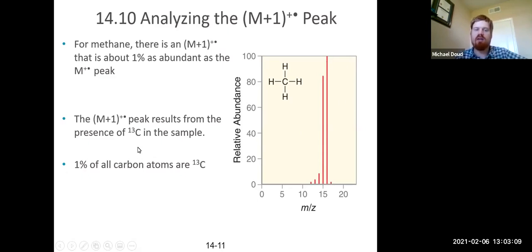That 1 to 100 ratio tells us that we have one carbon. Whereas if this were more like 2%, that's a pretty good indication that we have 2 carbon atoms. If this were 3% of this height, that would give us 3 carbon atoms. We'll have a specific math that you can go through and keep track of, but it's a really good way to figure out our molar mass and our molecular formula.